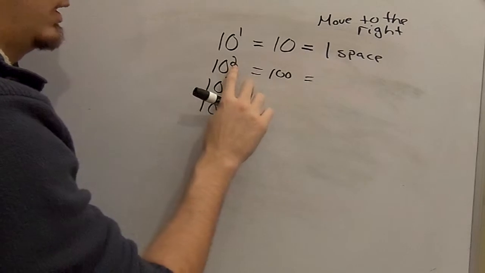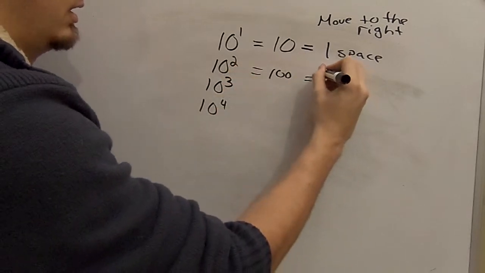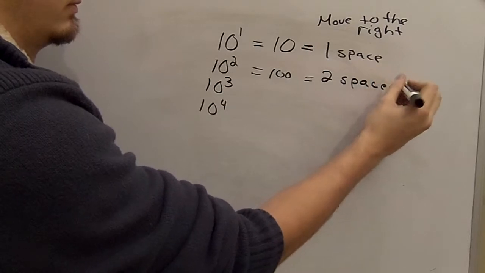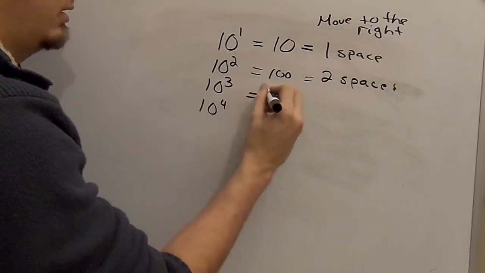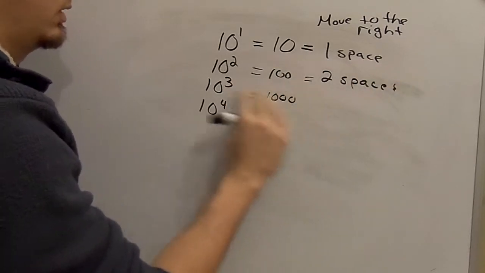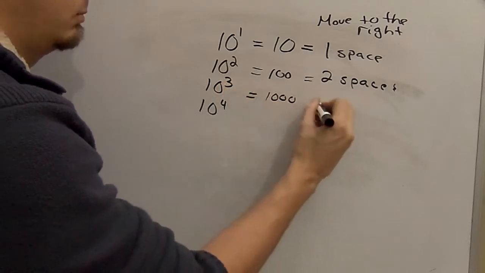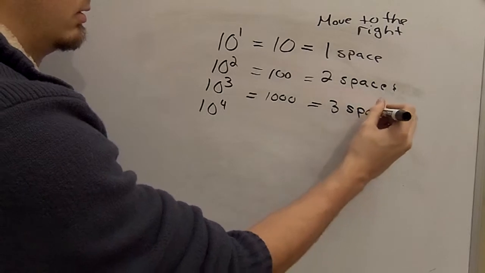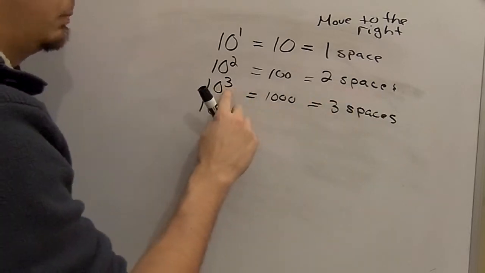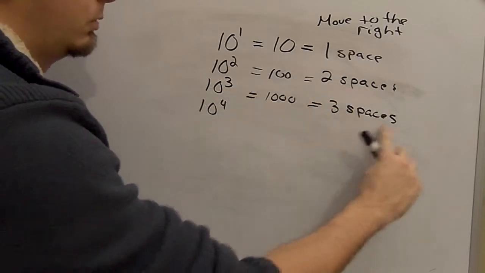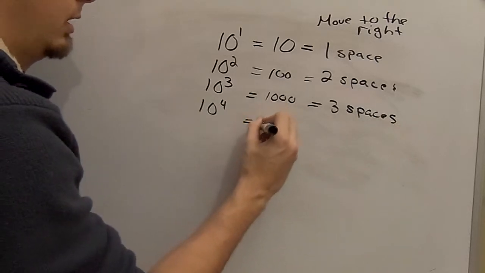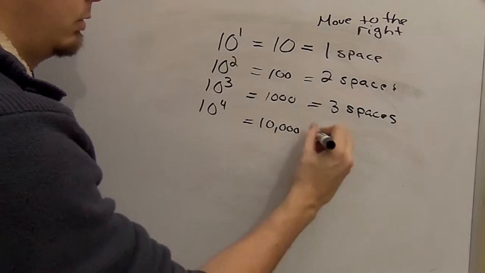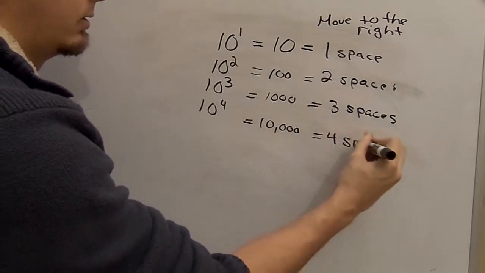So 2 zeros, second power, 2 zeros. And that's going to move you 2 spaces. 10 to the third power is 1,000. Third power, 1,000 moves you 3 spaces. So 10 to the third power has 3 zeros, moves you 3 spaces. 10 to the fourth power, if you can guess, has 4 zeros and moves you 4 spaces.